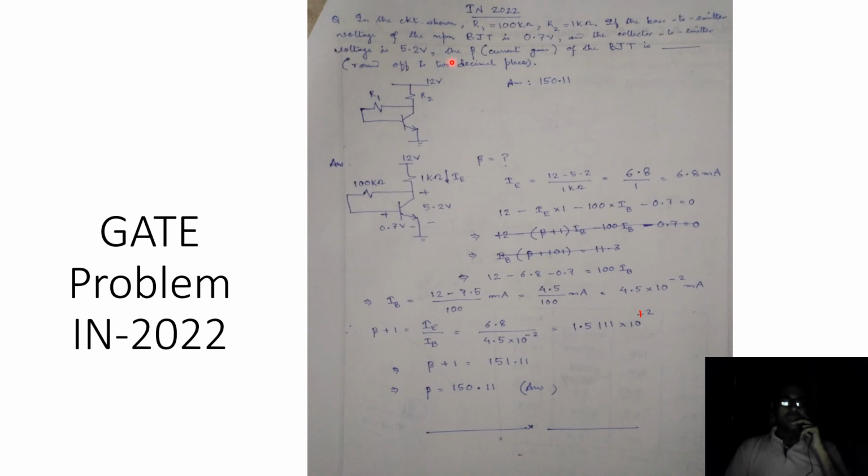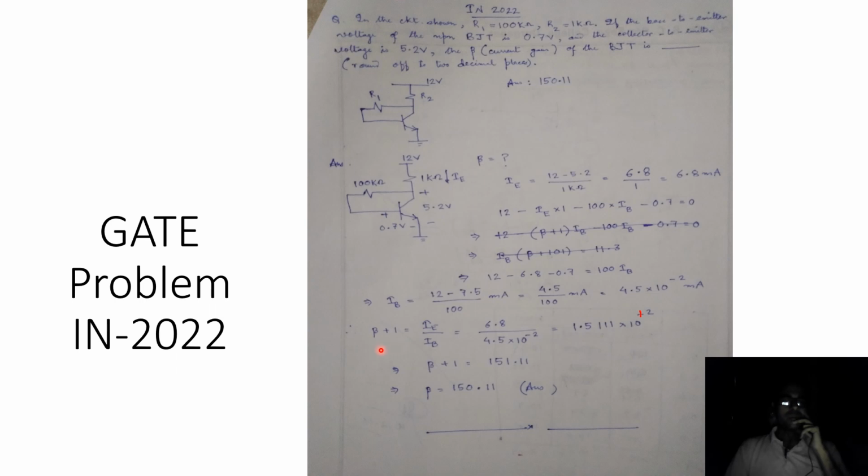Now since our objective is to find the value of beta, and we have already found the values of IE and IB, we can use this relationship which relates IE to IB, where the ratio equals beta plus 1.